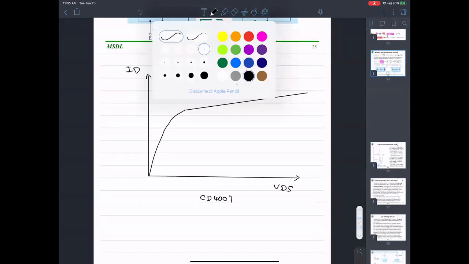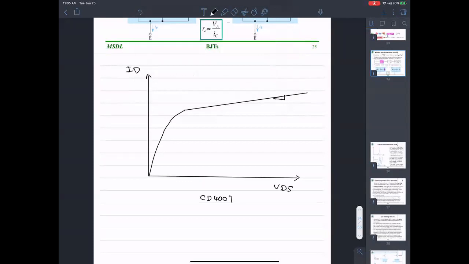There is a slope to the ID versus VDS curve. This slope is the inverse of R0. Delta ID over delta VDS will give you GDS, but if you take the inverse slope, delta VDS over delta ID, that will give you R0.